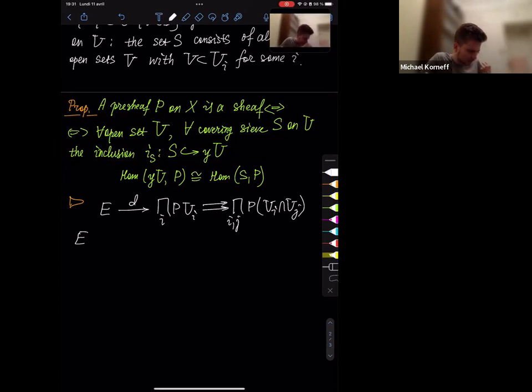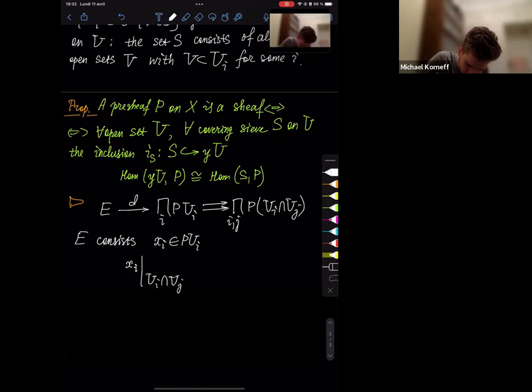E consists of those families of elements xi in P(Ui) such that xi restricted to Ui intersect Uj equals xj restricted, for all i and j.